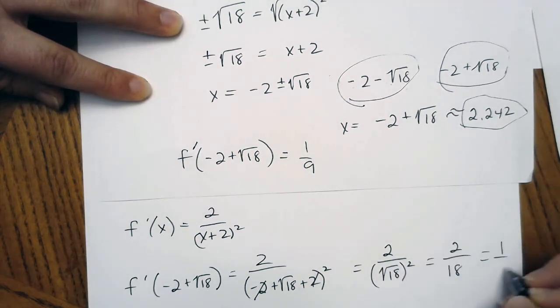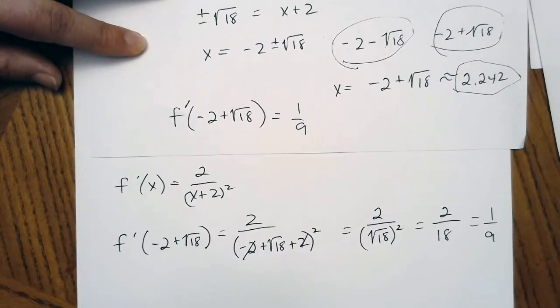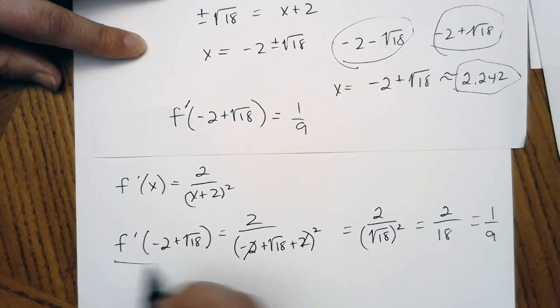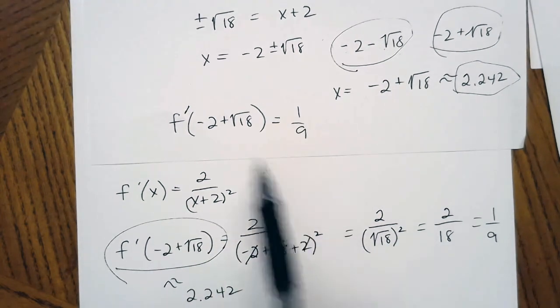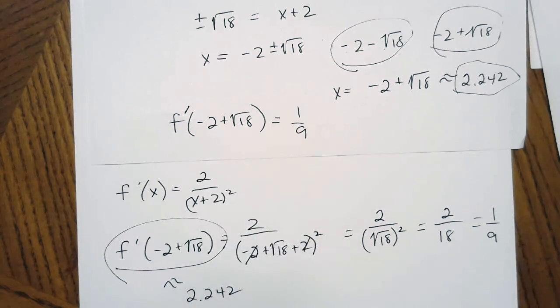And when I simplify it, I do in fact get my 1/9. And so my value here, which is approximately equal to 2.242, does in fact fall between 1 and 4 and satisfies my premise of the mean value theorem.